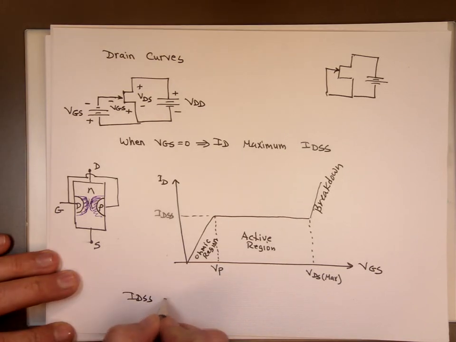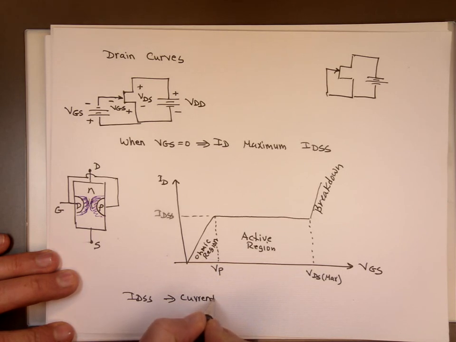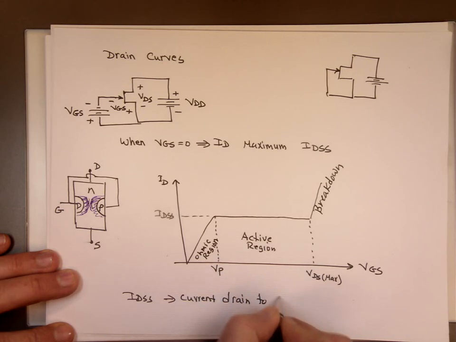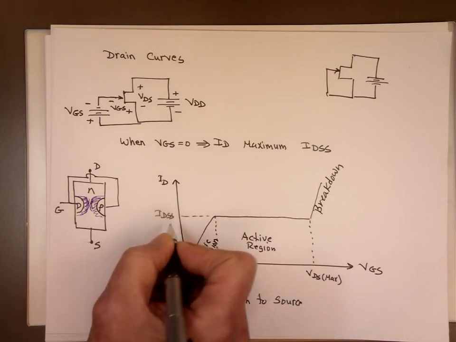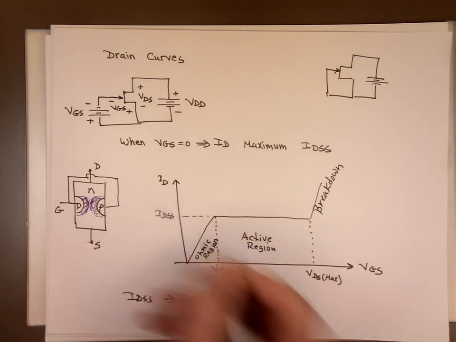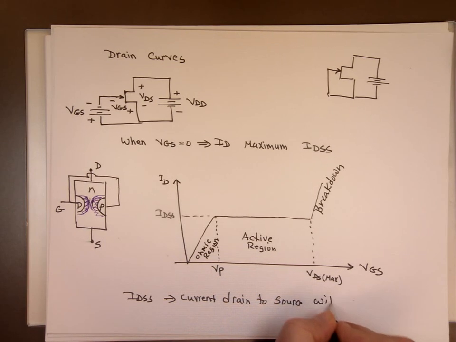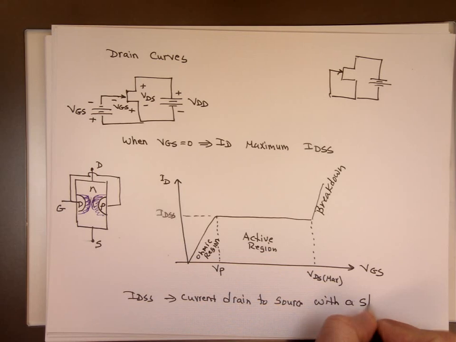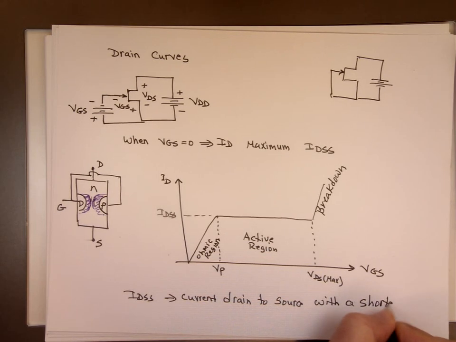IDSS: current drain to source, that's the first D, to source, that's where the S comes in, with a shorted gate, that's where the other S came in.